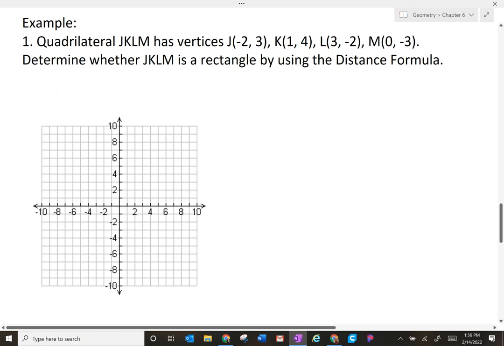So, for us to figure out, we already know about these parallelograms. In order for us to figure out if a quadrilateral is also a rectangle, we know because of the rules that we had that if both diagonals are the exact same length, it is a rectangle. You guys agree with that?